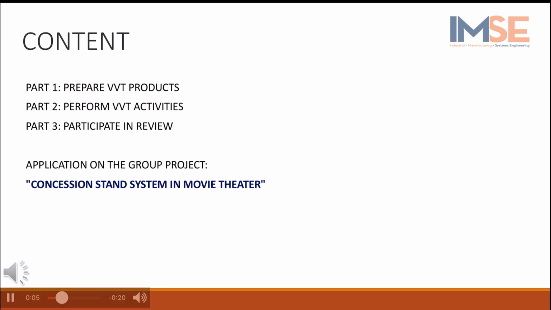Parts covered will be Part 1, prepare verification, validation and testing products; Part 2, perform VVT activities; and Part 3, participate in review. Application of all that will be on our group project entitled Concession Stand System in Movie Theater.